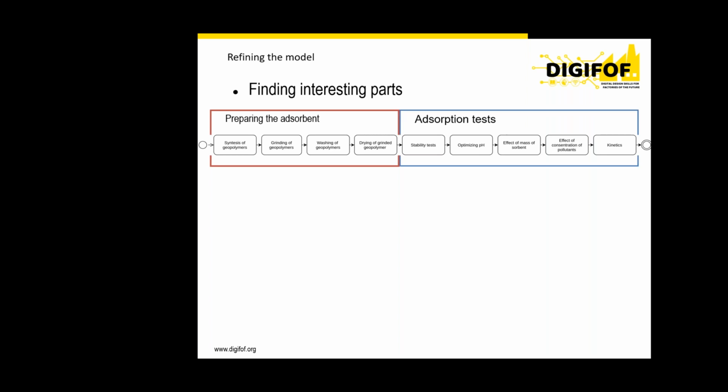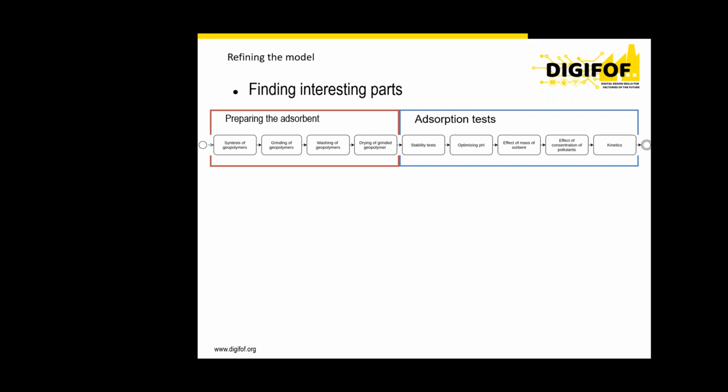And then we have some tests for the absorption. Preparing the absorbent is different for each tested absorbent, and we think that there is not much point in automating the first part, the box which is now marked as a red square.